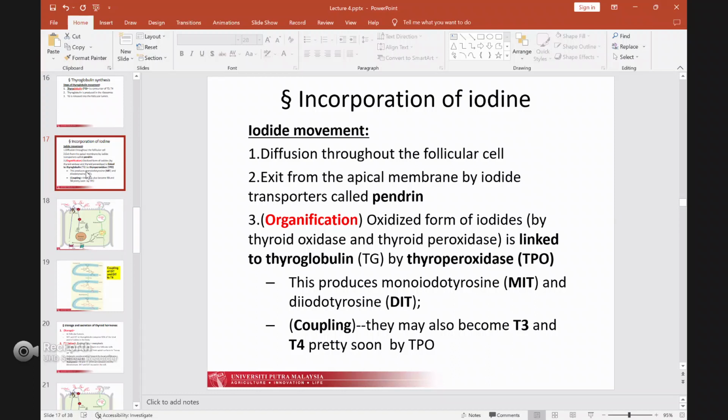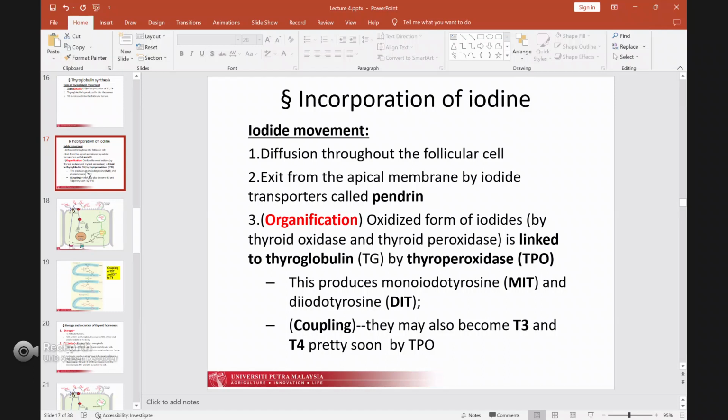The cells just provide the thyroglobulin and export it into the colloid. The iodine from the blood goes inside the cell, then is transported into the follicular lumen.